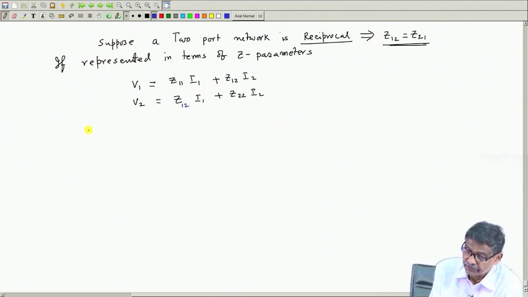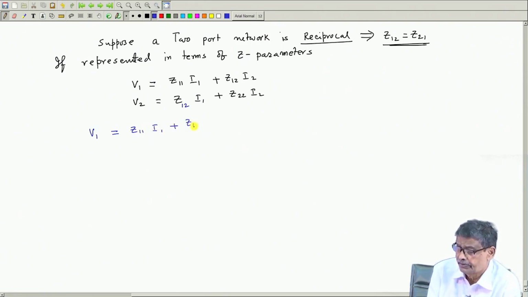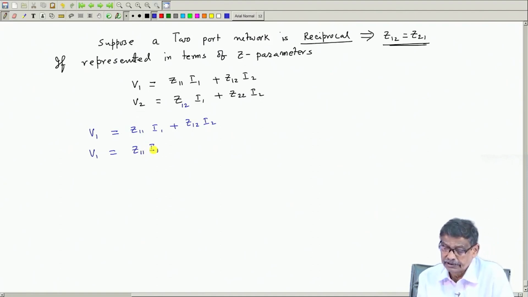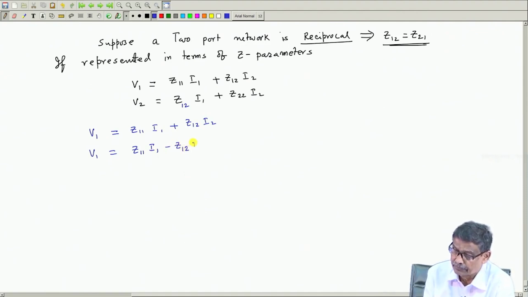Let us look at the first equation. V1 can be written as Z11 I1 plus Z12 I2. Then I will just manipulate this equation a bit. I go step by step. I will write it is equal to Z11 I1 was there. Then I subtract this term Z12 I1 and add the same term.